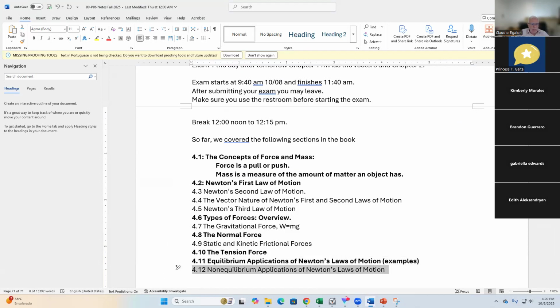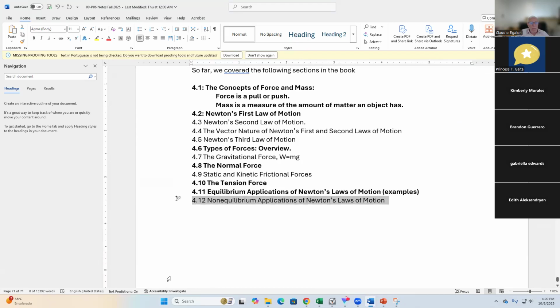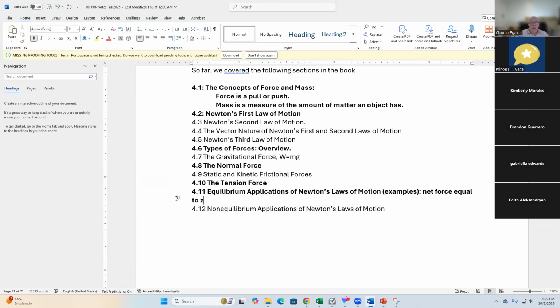And then non-equilibrium. Equilibrium applications is whenever the net force is equal to 0. That's what equilibrium applications of Newton's laws of motion is all about. And non-equilibrium has to do with Newton's second law.